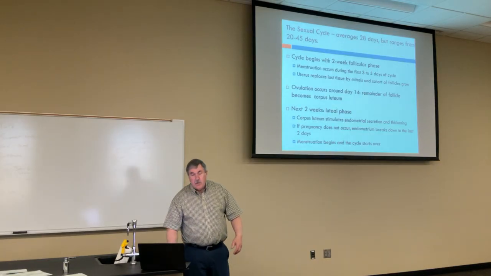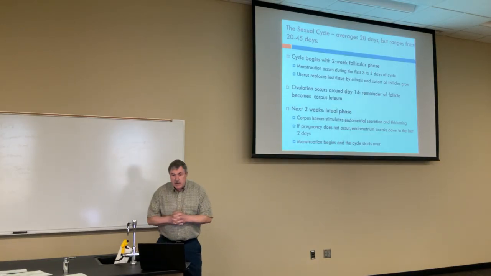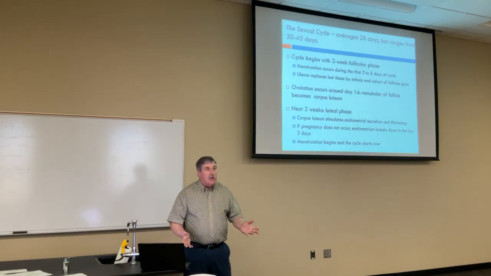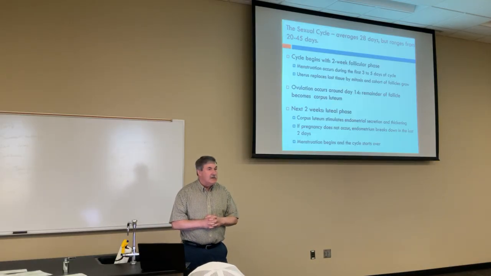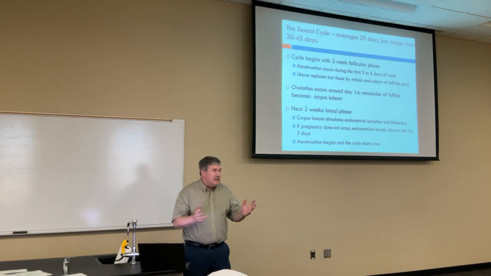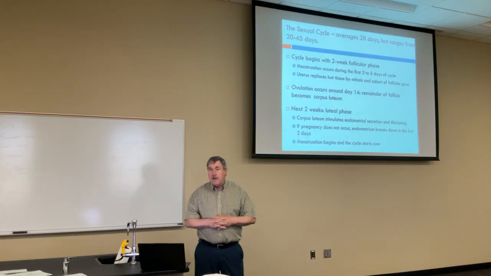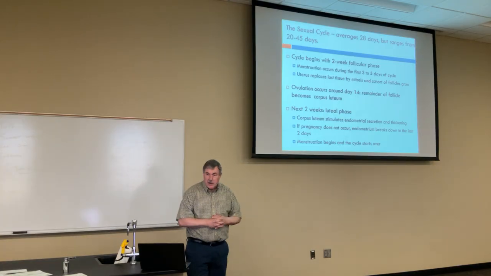All right, so the sexual cycle in the female averages 28 days, but it can range anywhere from 20 to 45 days. So that's what makes it difficult to predict the exact day of ovulation.